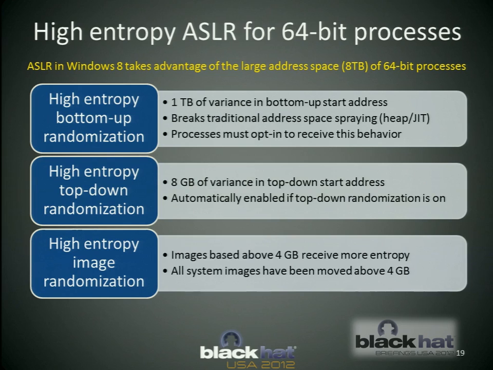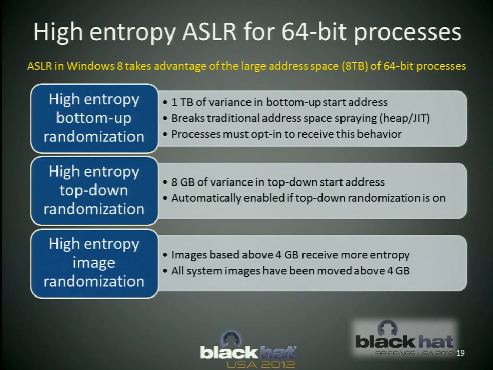What's noteworthy about this is that we essentially break traditional address space spraying techniques, so heap spraying and JIT spraying. The reason is that machines today don't have sufficient commit to spray the amount of memory that would be needed to guarantee that an allocation would be located at a specific address through bottom-up allocations. It's not feasible for people to spray a terabyte of memory right now.